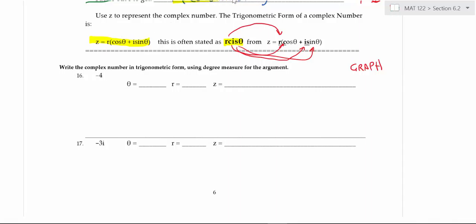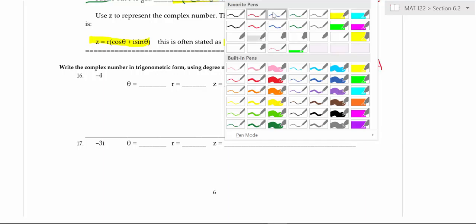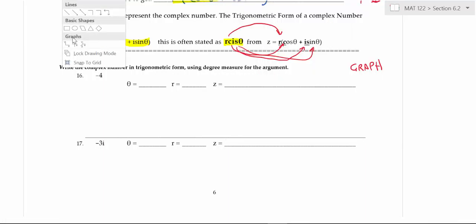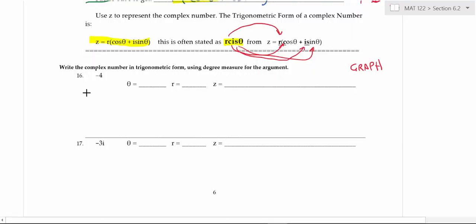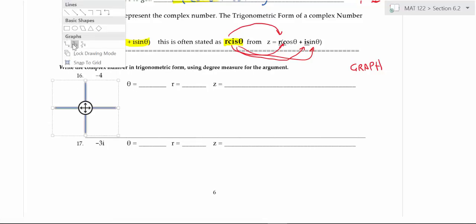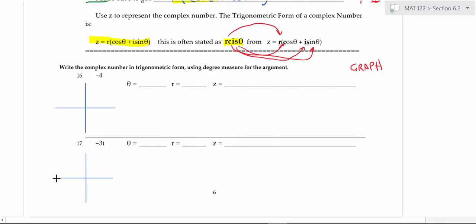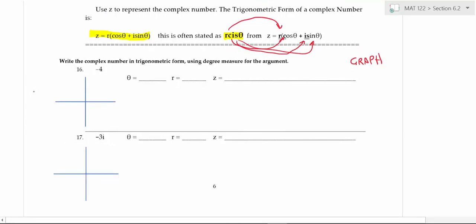So to begin with on this problem, let's draw a complex plane, and let's do that on both of these problems. These will be examples of problems that you can do very easily in your head, and just taking the time to draw this out will help you to understand this.